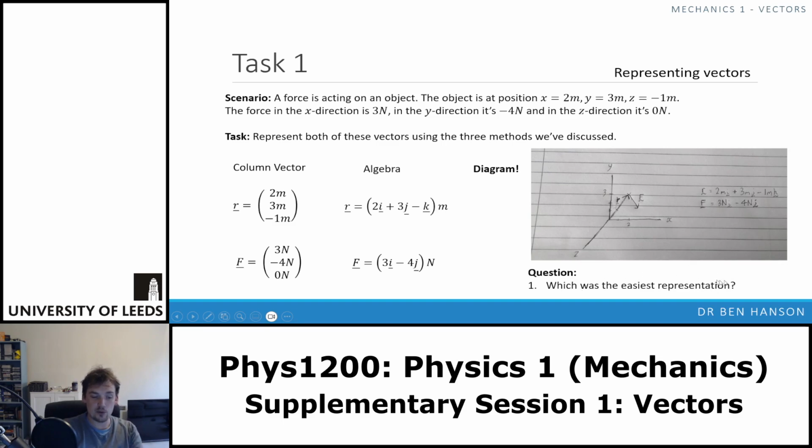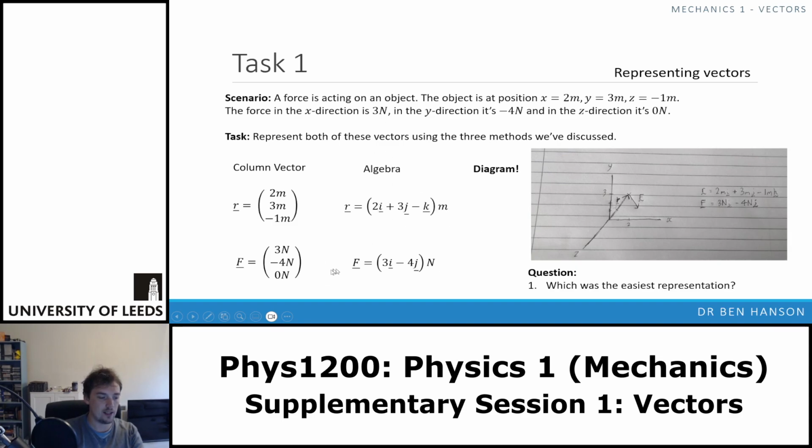So just think to yourself, which was the easiest representation? If I was to suggest a representation for you going forwards, the most important one is probably equal between algebra and diagram. So if you currently use column vectors, take some effort to learn how to write these things down algebraically, because it makes all the maths you do with vectors a lot easier.